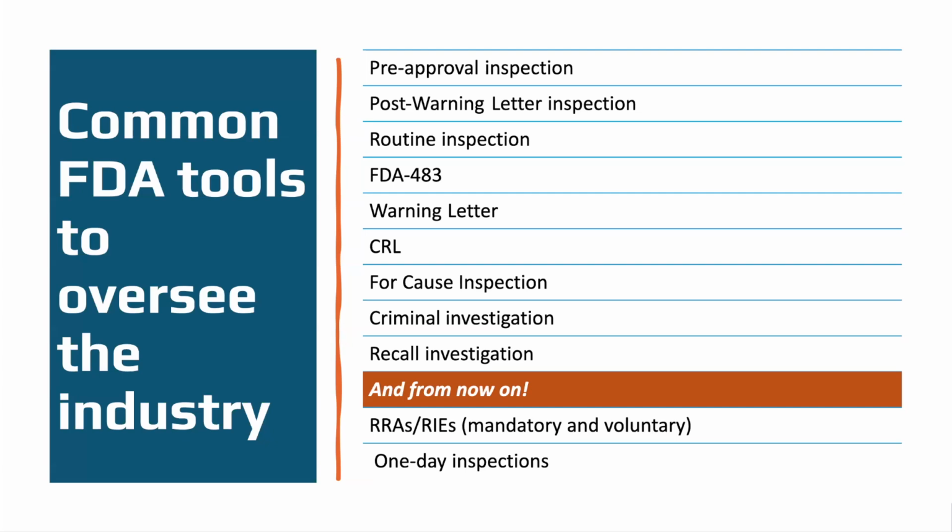You're just going to get a different level of enforcement, which is more criminal in nature. And then from now on, the FDA is talking about remote regulatory assessments. So that toolbox from the FDA is increasing, and we all need to get used to all of this.